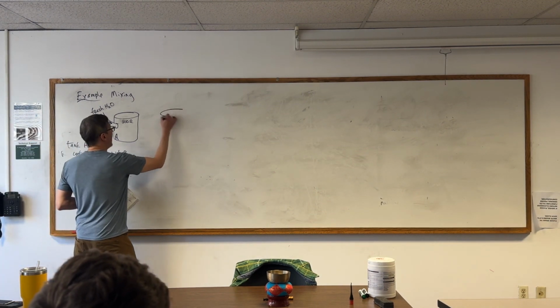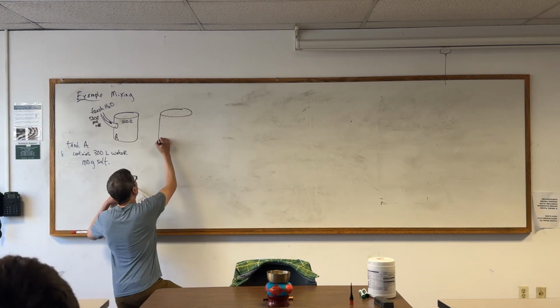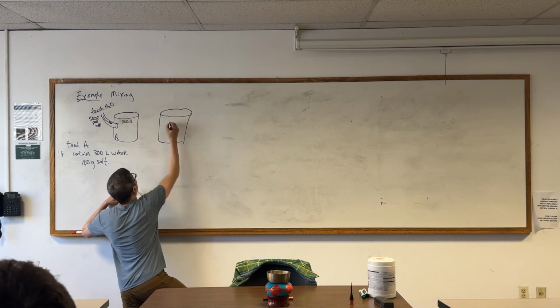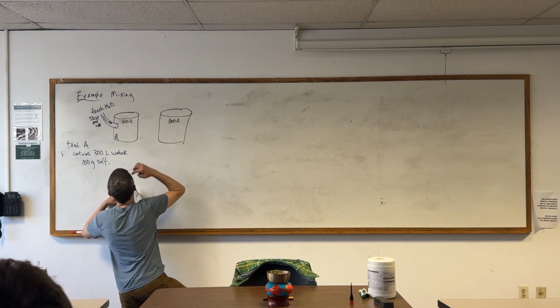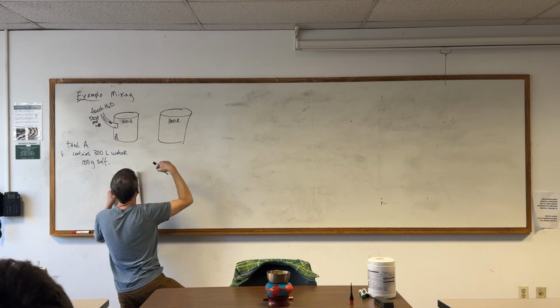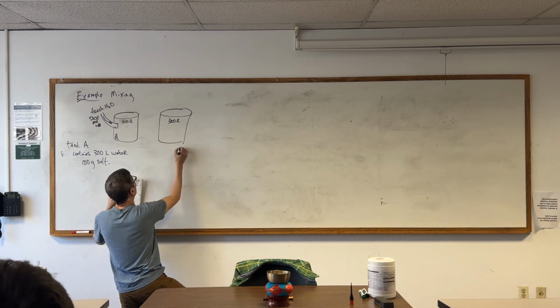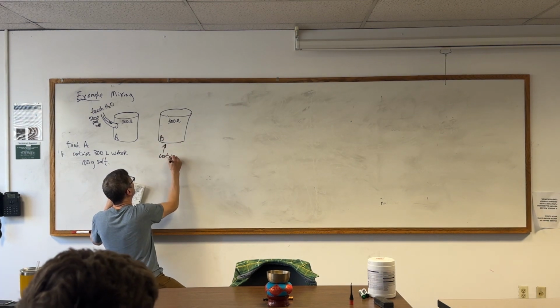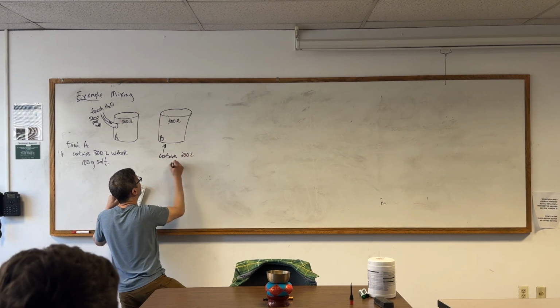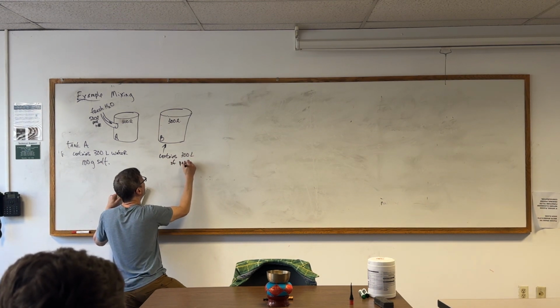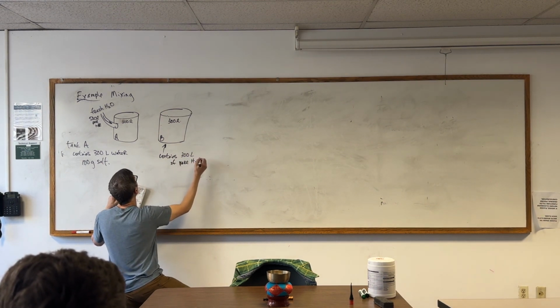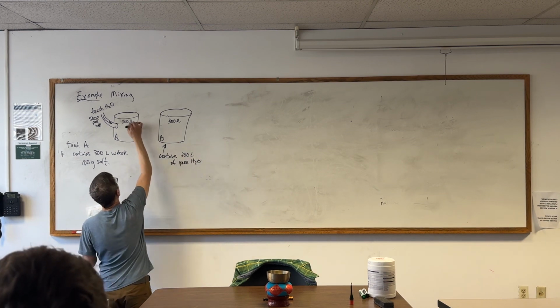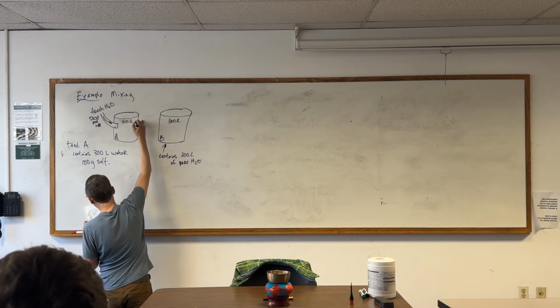There's a second tank, tank B, right over here. Tank B is also a 300 liter tank, and it contains 300 liters of pure water. And there's a connector. There's an outflow and an inflow between these two.